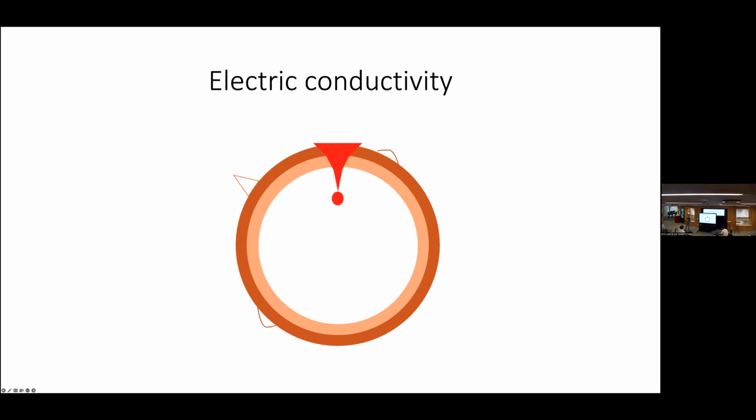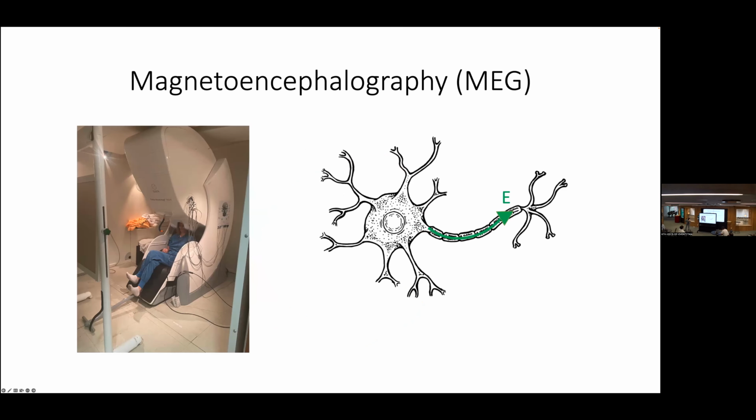So that means it's difficult to estimate the origin of the source. Now, the magnetic activity doesn't have this problem. The magnetic activity is also generated by the neurons. So what we can do instead to gain spatial resolution is use MEG.